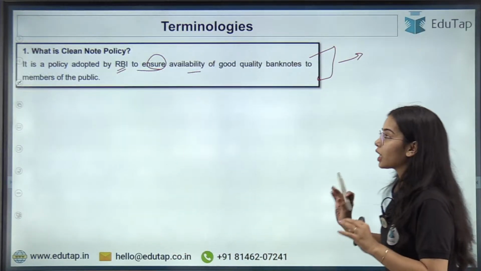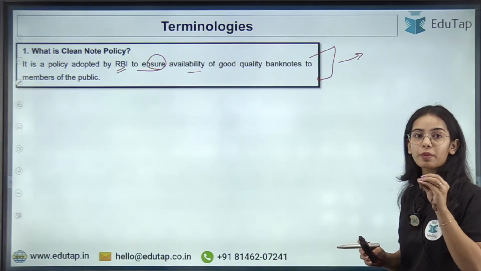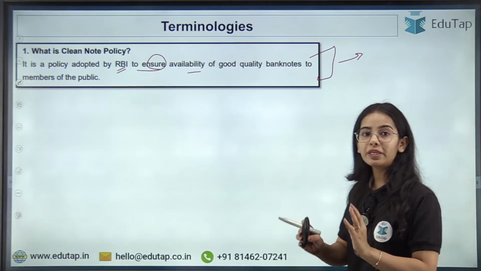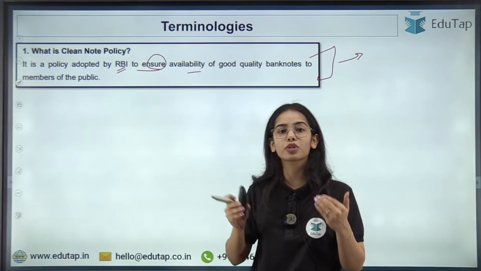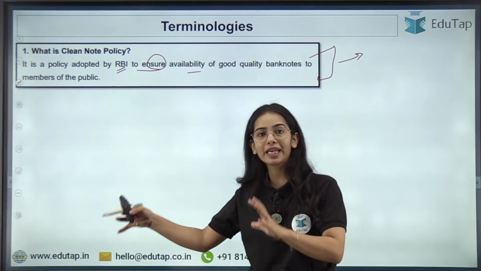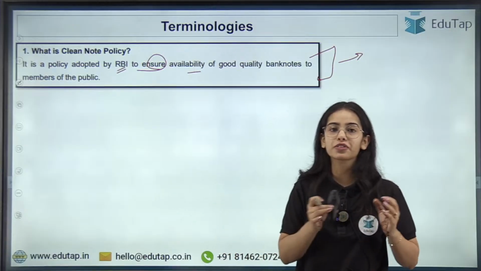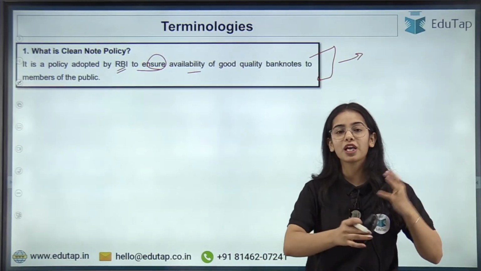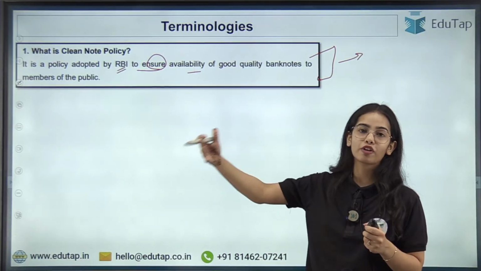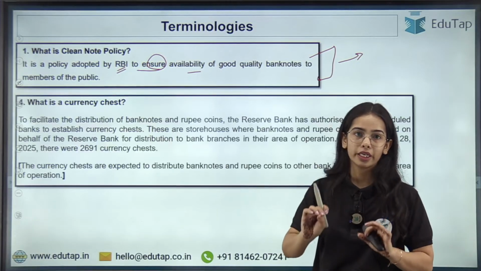So this is the idea. Now, clean note policy is a policy adopted by the RBI to ensure availability of good quality banknotes to the members of the public. If the public has any soiled notes, any bad notes, those can be exchanged with the bank branches, and the RBI wants more good quality banknotes to circulate in the economy.